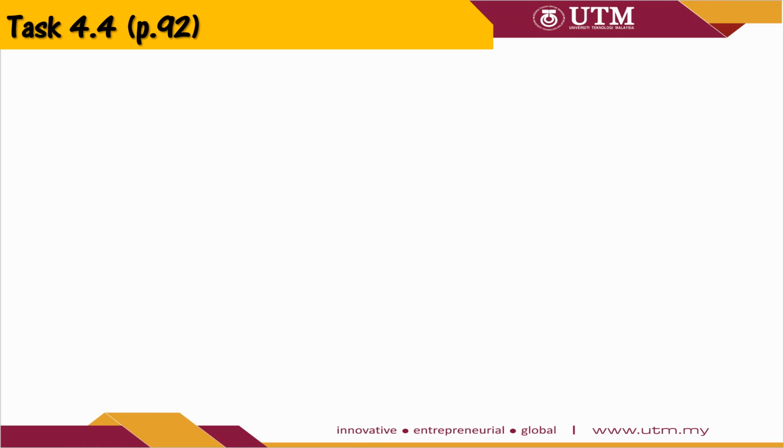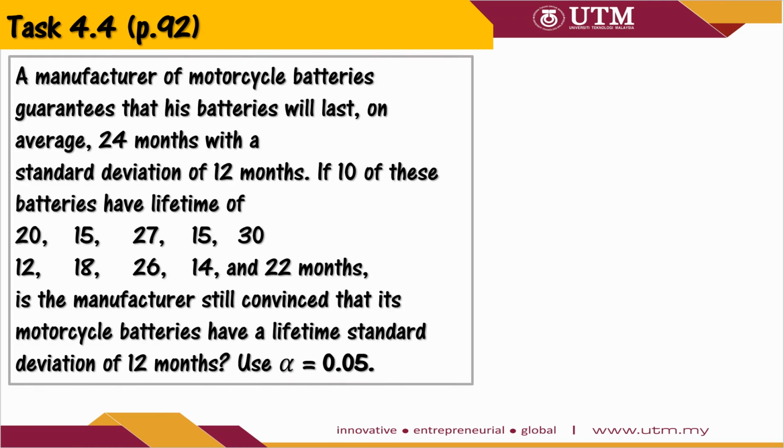Now we look at task 4.4 on page 92. A manufacturer of motorcycle batteries guarantees that his batteries will last an average of 24 months with a standard deviation of 12 months. If 10 of these batteries have lifetimes as follows, is the manufacturer still convinced that its motorcycle batteries have a lifetime standard deviation of 12 months?